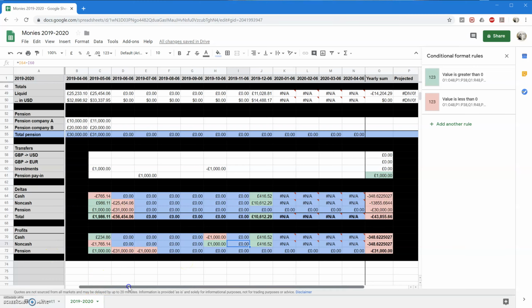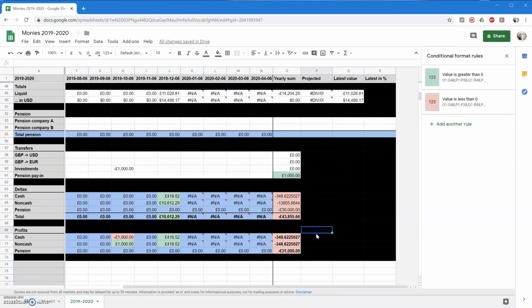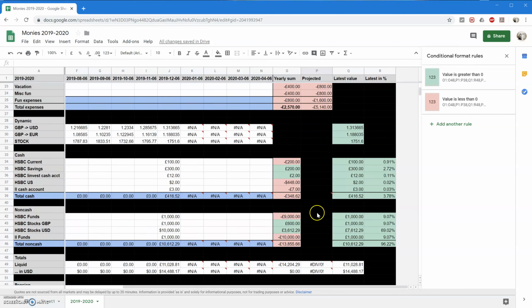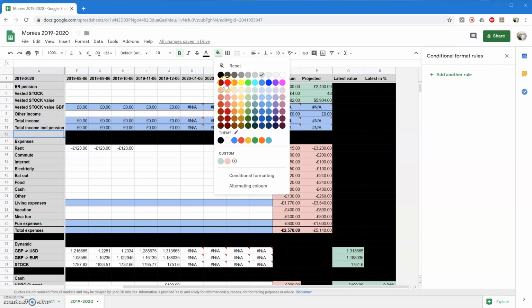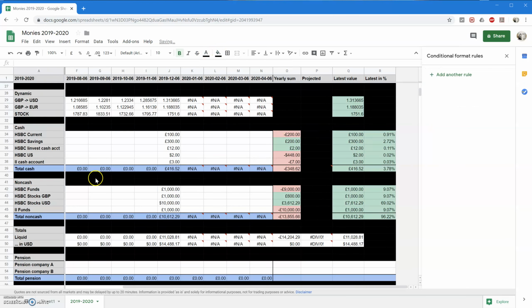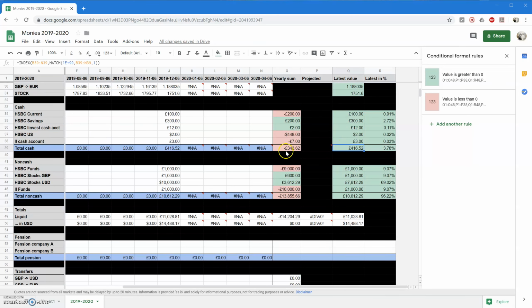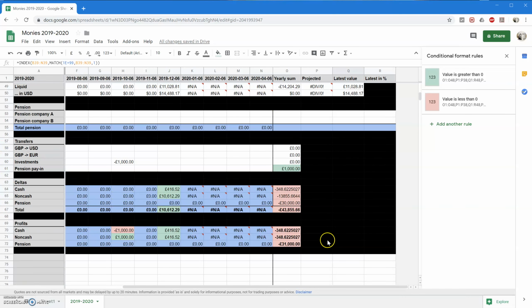And then we can do this as a percentage, which seems like a good idea. We want the latest cash value. Oops. Latest cash value is 416.52 on line 39, and non-cash is 46. 39 and 46.